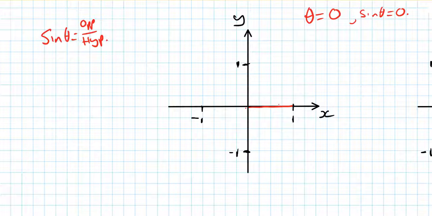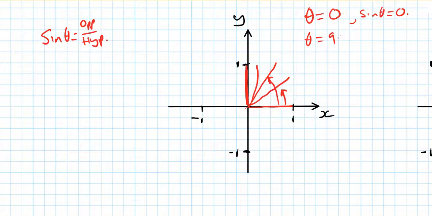Now, imagine that that line moves, and it moves up in that direction. It moves there, and then it moves up to there, and then up all the way until it is flat up there, nice and tall. That would be when theta is 90 degrees.